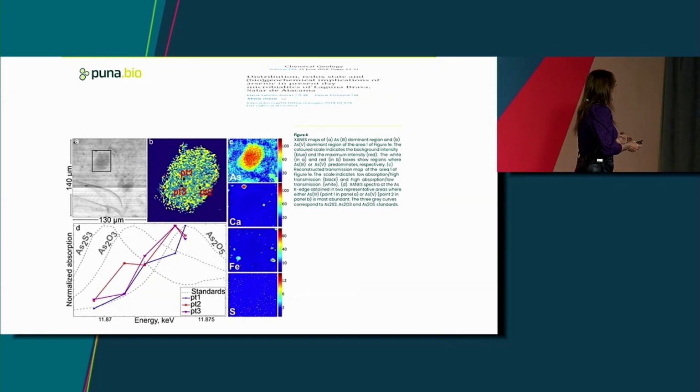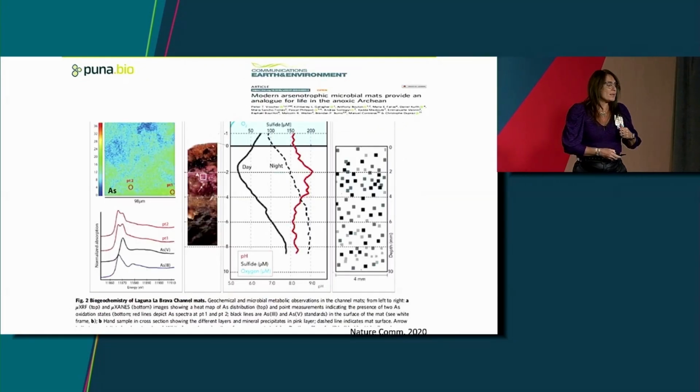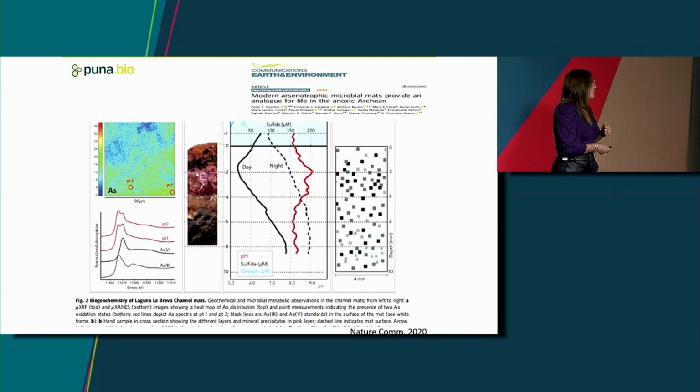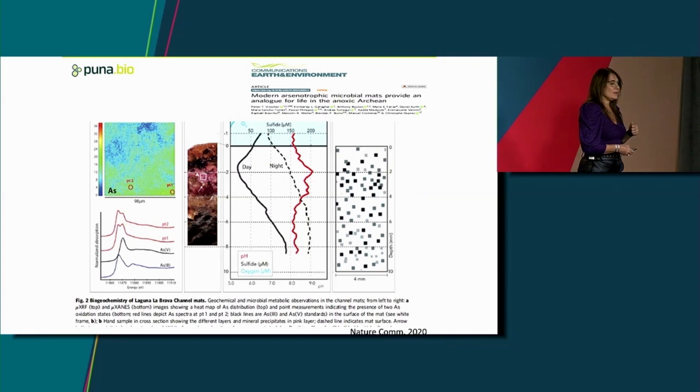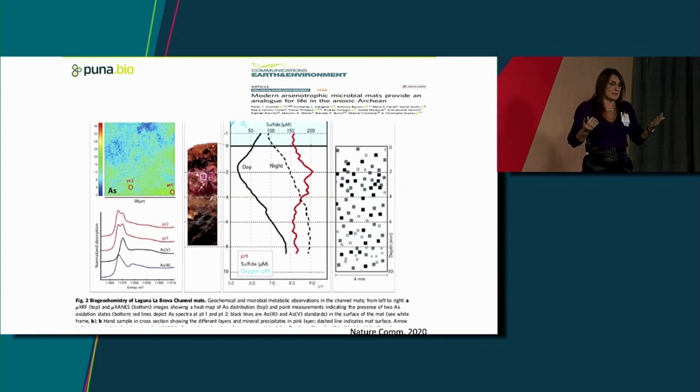In fact, in our paper two years ago, we were able to demonstrate that this is one of the unique places on Earth that is in the presence of oxygen.